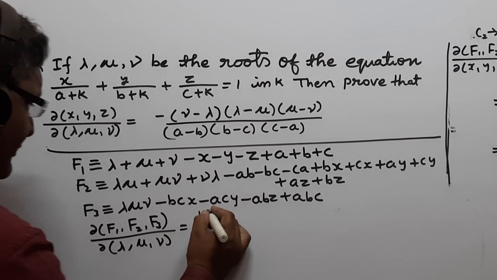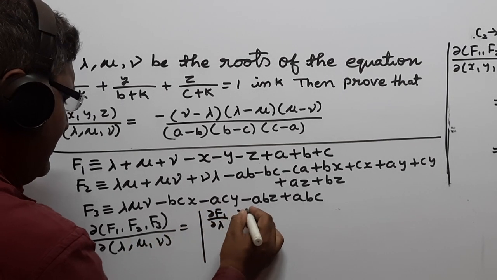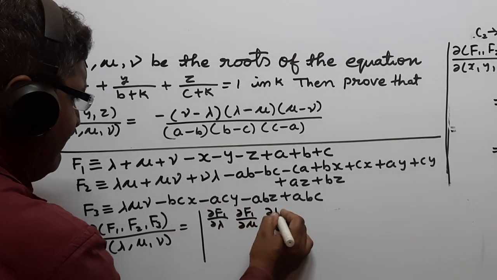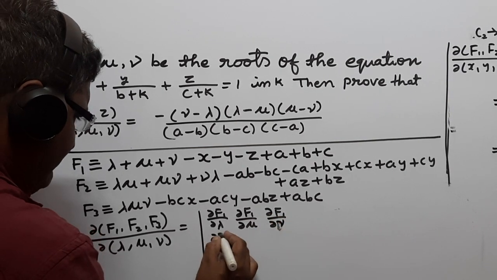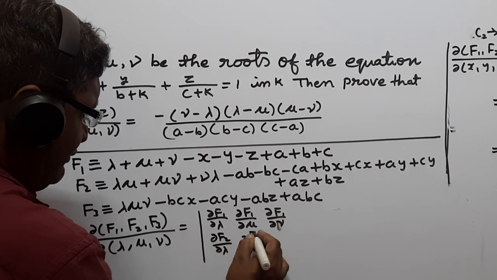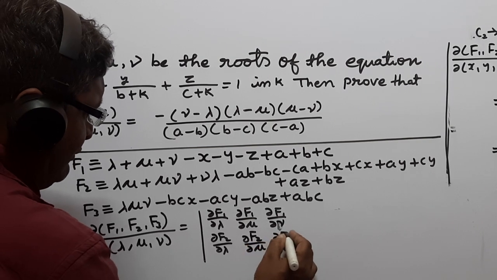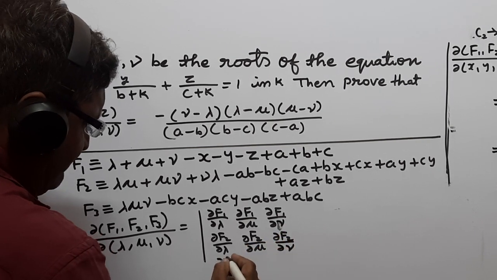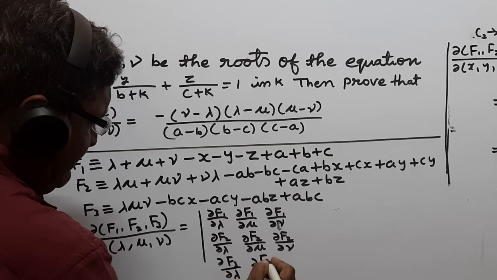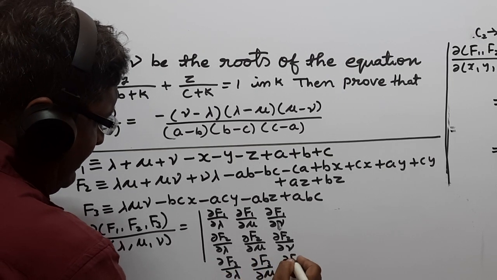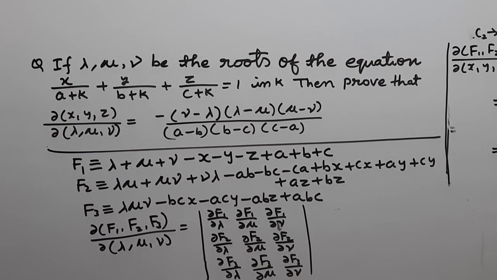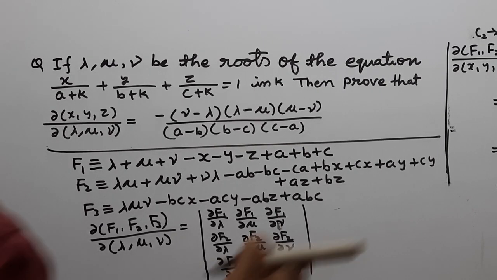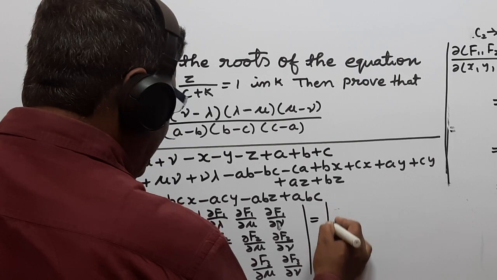This is equal to del f1 upon del lambda, del f1 upon del mu, del f1 upon del nu, del f2 upon del lambda, del f2 upon del mu, del f2 upon del nu, del f3 upon del lambda, del f3 upon del mu, del f3 upon del nu. This is by the definition of the Jacobian. Now we put values of the partial derivatives.